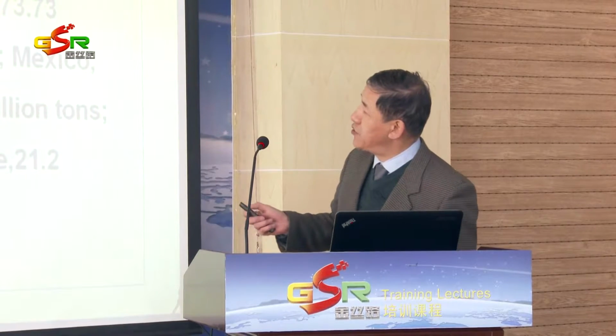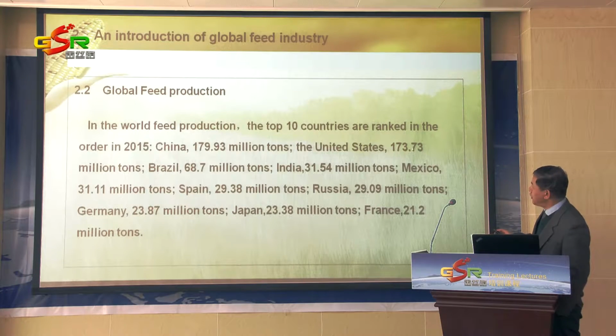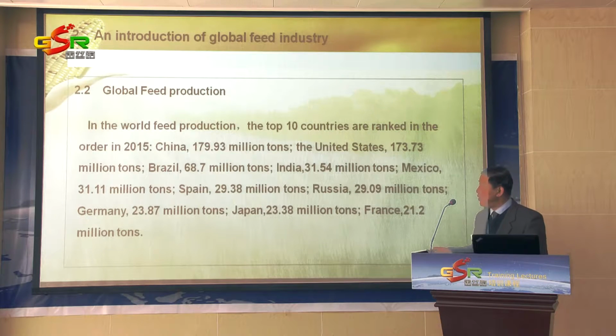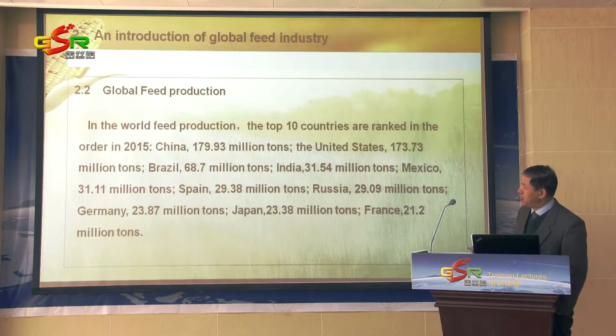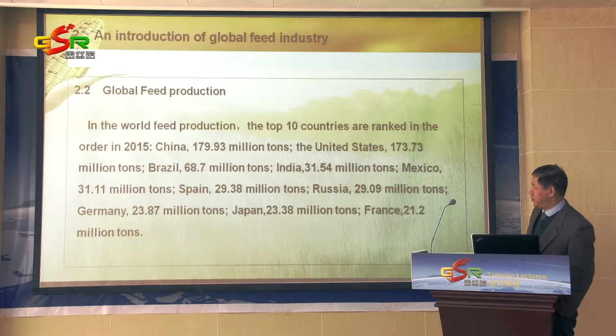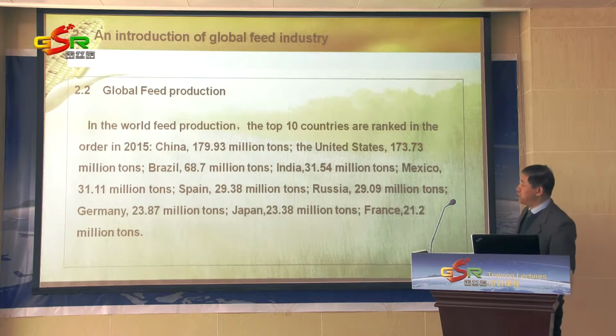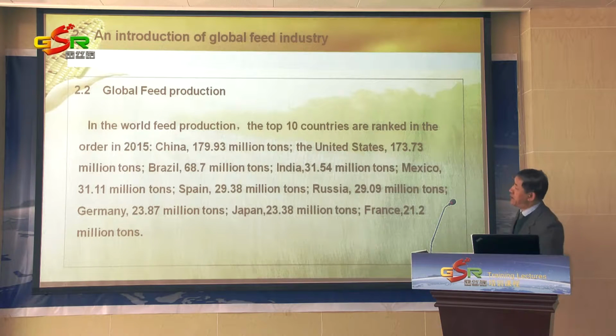And the United States, 173 million metric tons, and Brazil, 68 million metric tons, India, 31 million metric tons, and Mexico, Spain, Russia, Germany, Japan, France. So France ranks number 10. So this is the top 10 countries and their feed production.